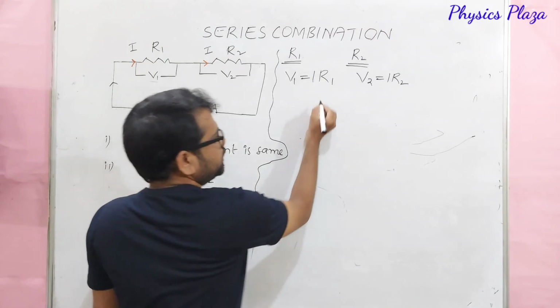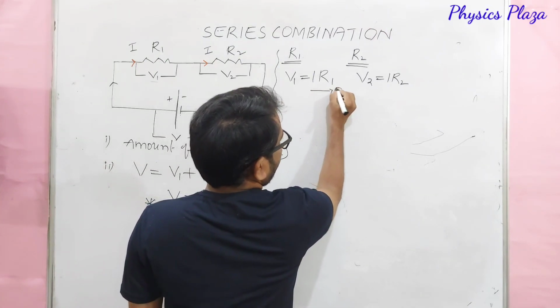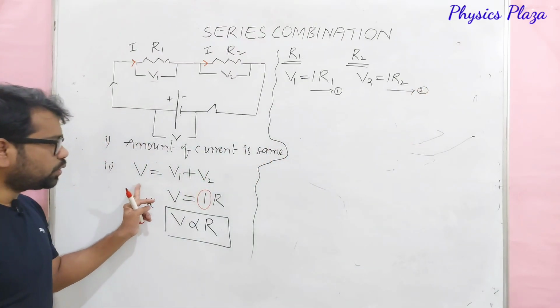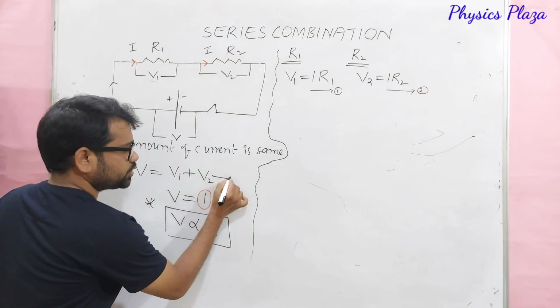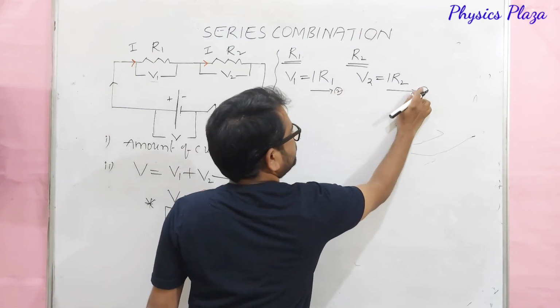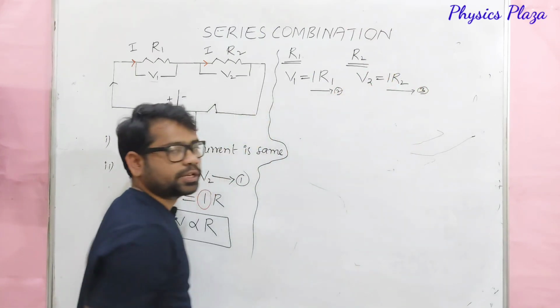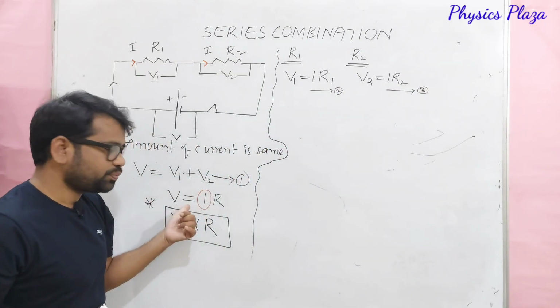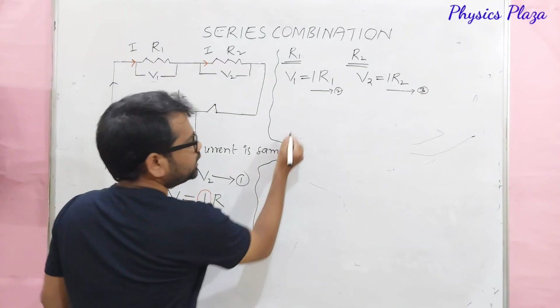So let us say it is equation 1, it is equation 2. Here already we have V is equal to V1 plus V2. Let us say it is the first equation, this is the second equation, and this is the third equation. Now substitute the second and third equations in the first equation. So what do we get then?